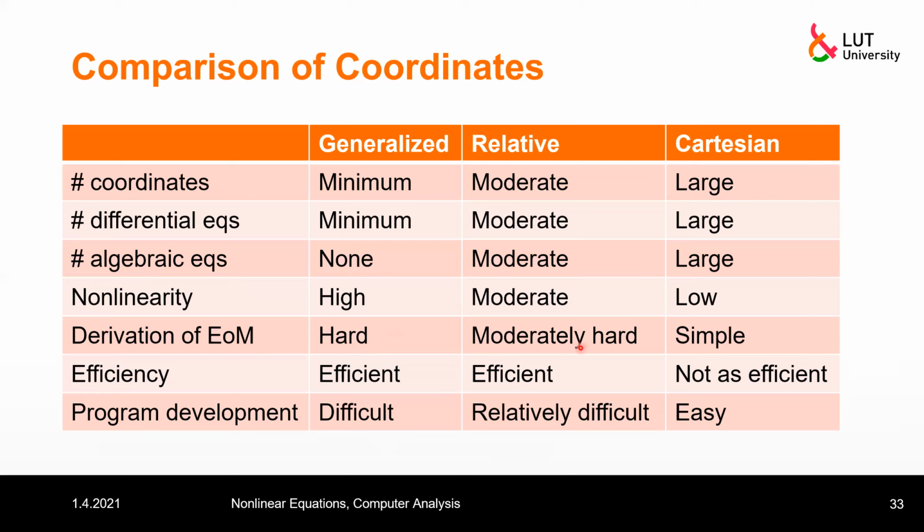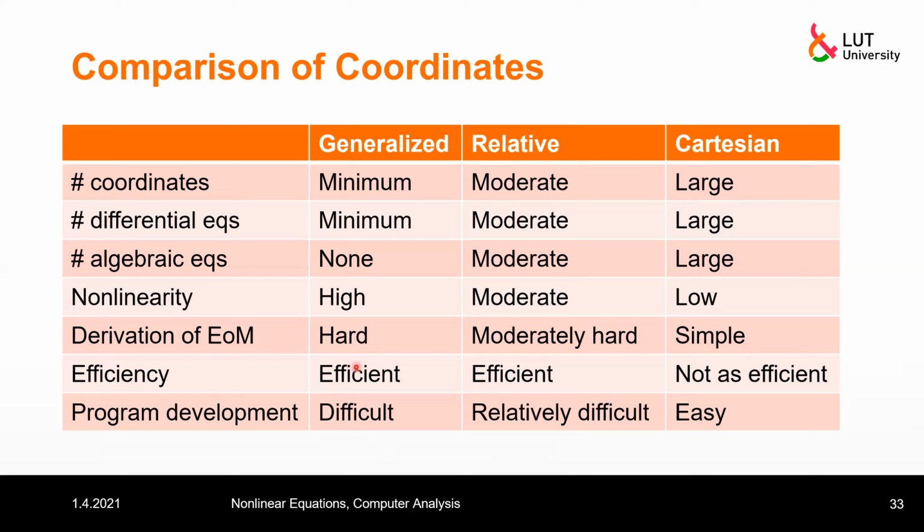It's not so hard here because we have those loops, so we can try to follow them, but still we need to perform some topology analysis. For Cartesian coordinates, it's simple, because no matter what the mechanism looks like, we always assign coordinates to each body, and then we have a certain set of routines that generate our equations for the various types of joints.